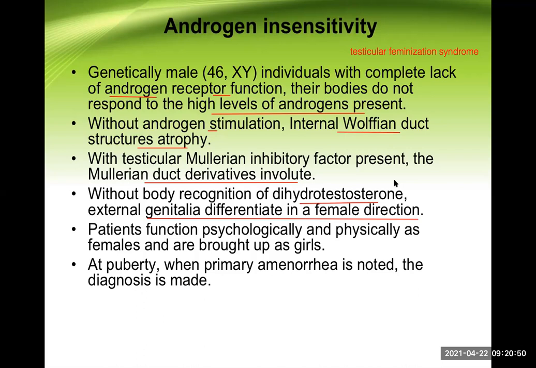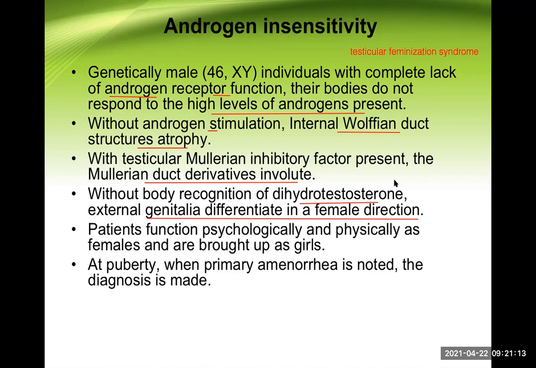Now, to label it as a male pseudo hermaphroditism or female pseudo hermaphroditism, we see genetic sex first. So what is the genetic sex here? It is a male, isn't it? This person is a male. So this is known as male pseudo hermaphroditism because the genetic sex is male. Because there is androgen inside.